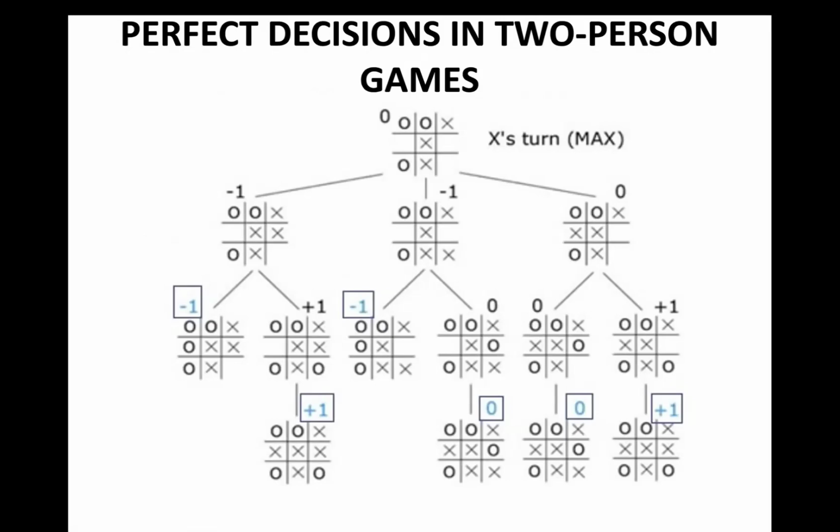So in this lecture, we want to see how we can reduce the size of the tree, or how we can reduce the part of the tree that will be considered in the search tree.